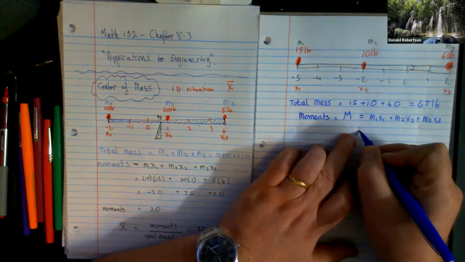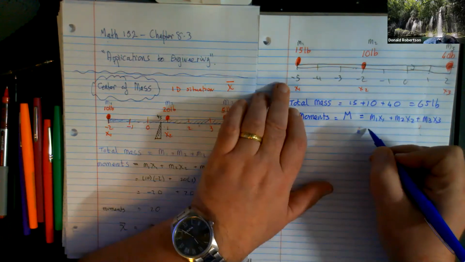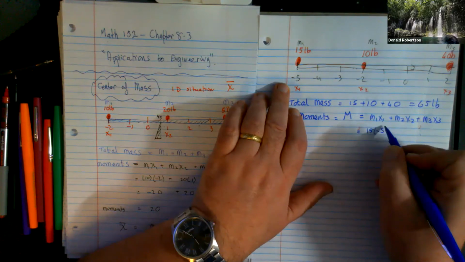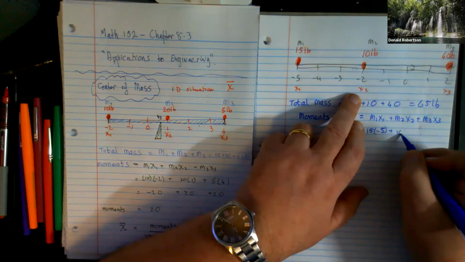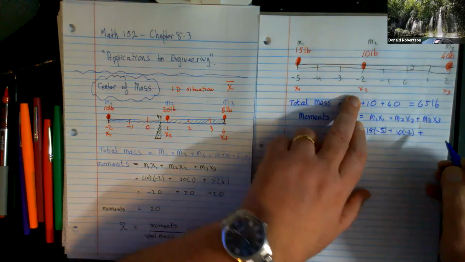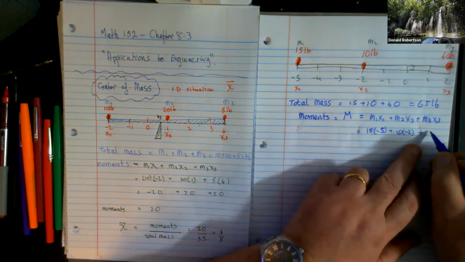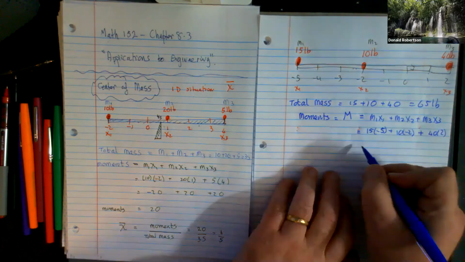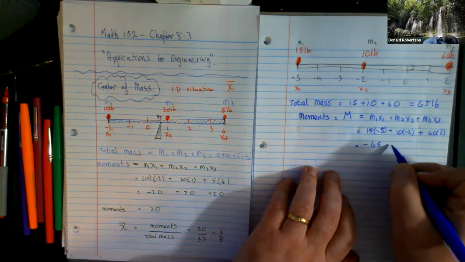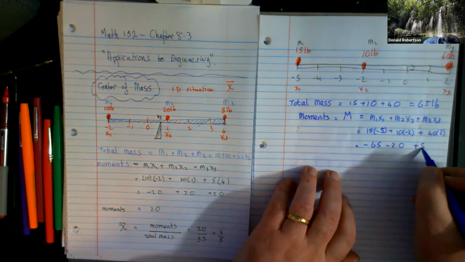In this case, it's 15 times -5, add 10 times -2, add 40 times 2. And that's -75, and that's -20, and this is +80.